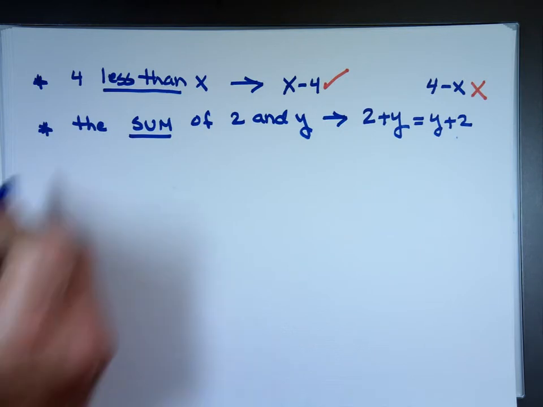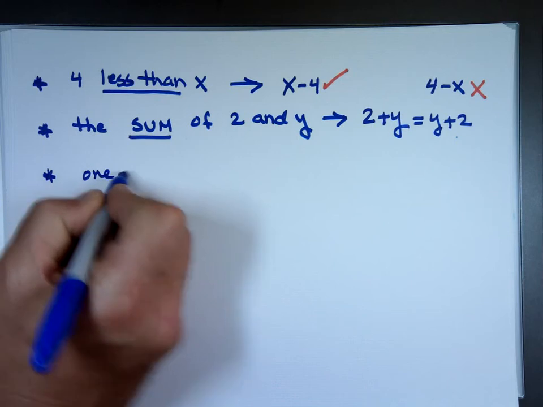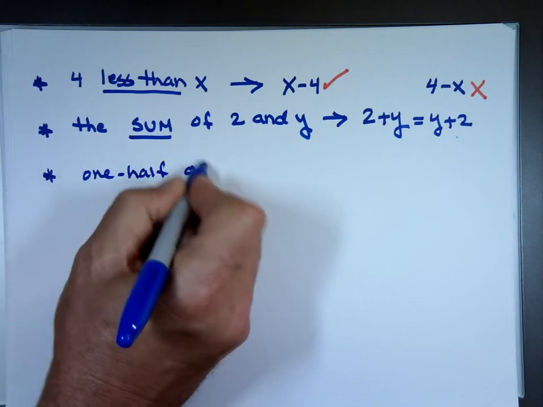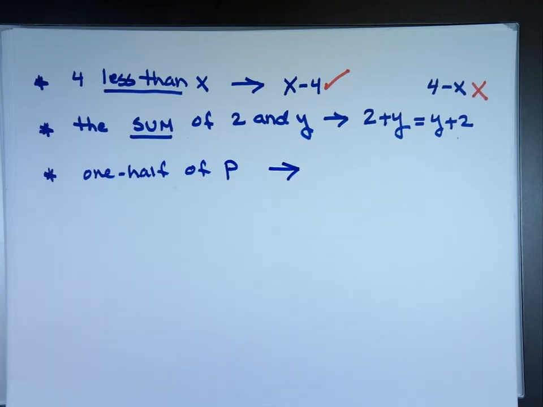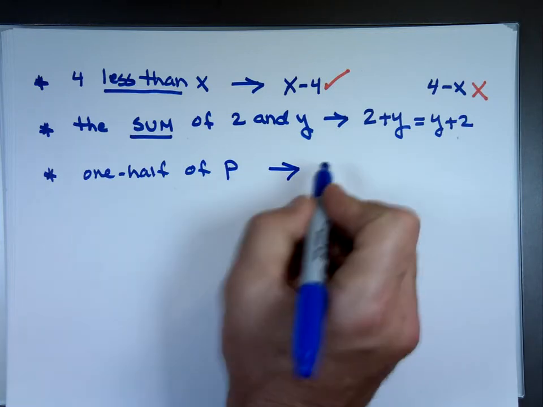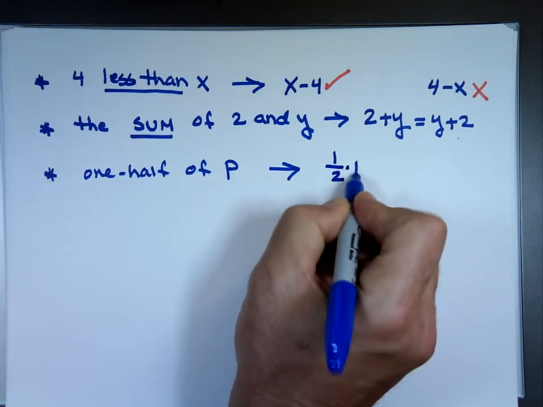How about this one? 1/2 of p. One half of p. Yes. 1/2 times p. Correct. Of means multiplication.